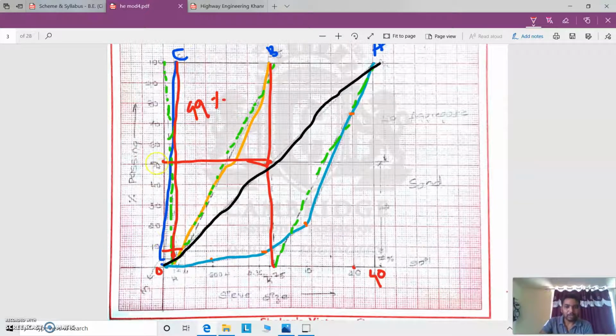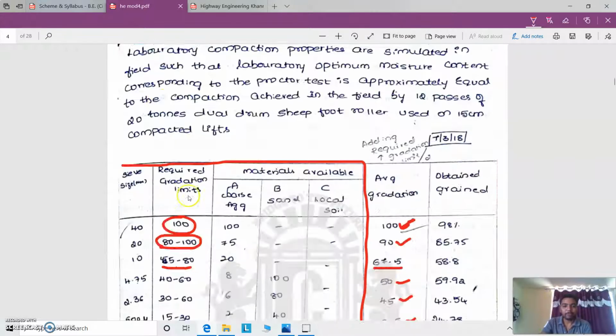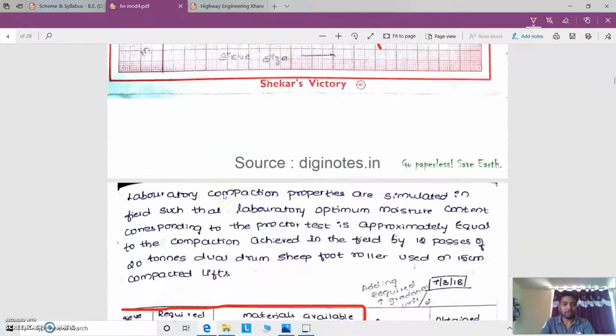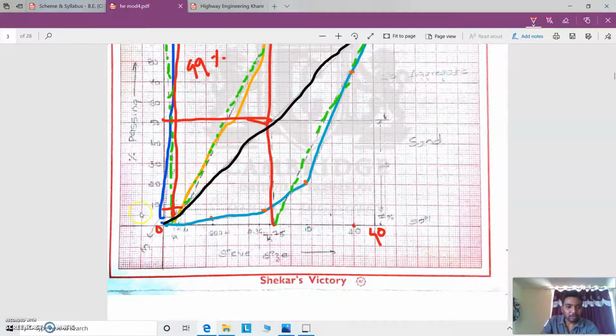And from here to here we are measuring, just let me see here, 42% of lines, that means 42 divisions.